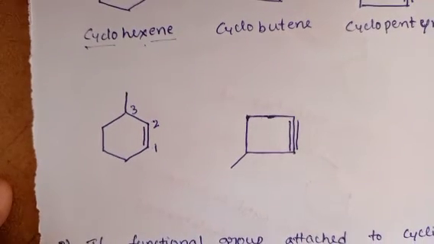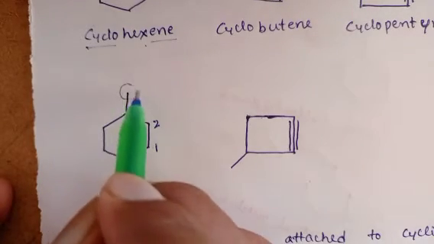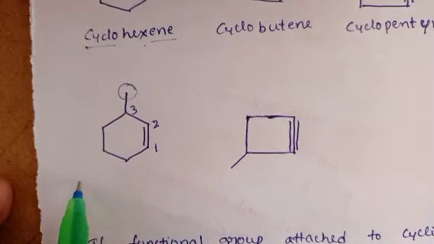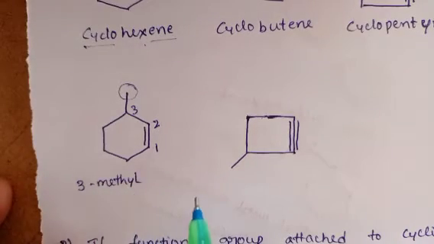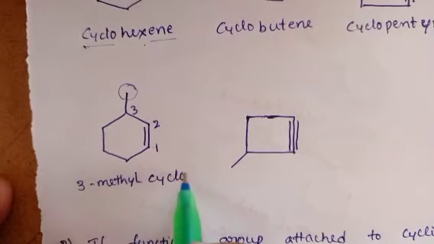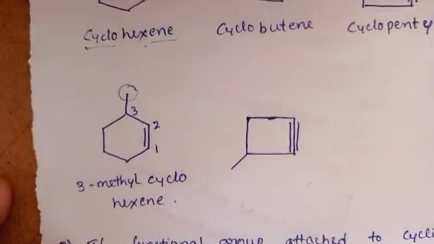Okay, right. Now what is this compound name? At third position one methyl group is present, so 3 methyl. Substitution part is completed. Next, cyclohexene. Okay, completed. Next one.